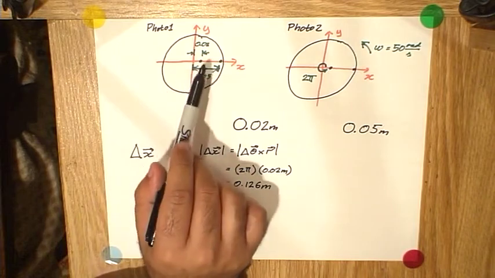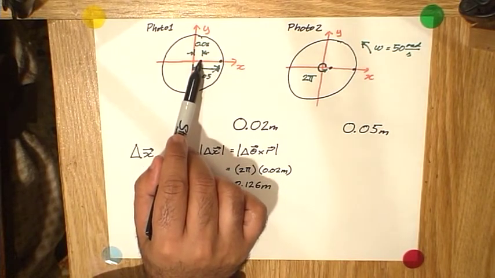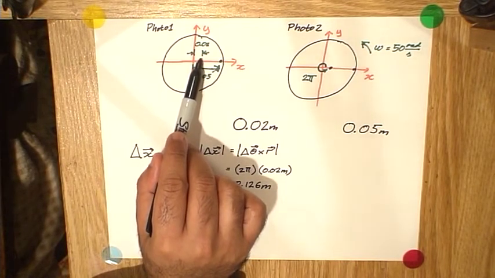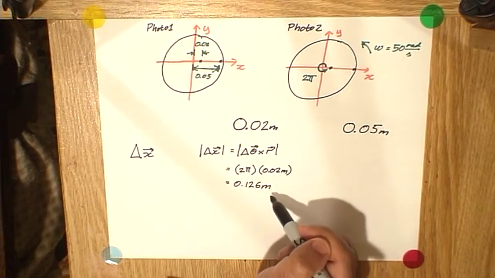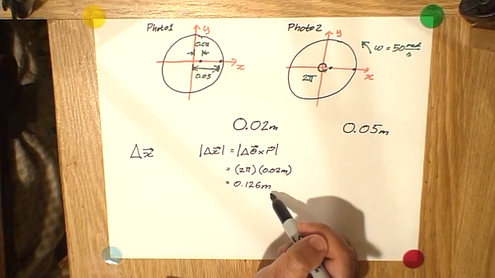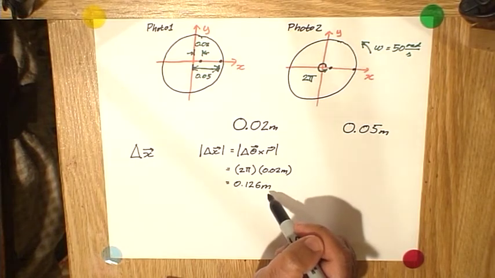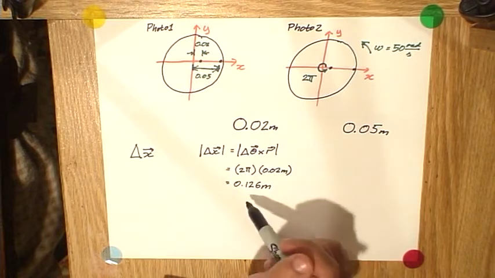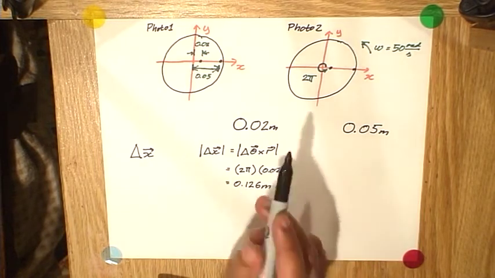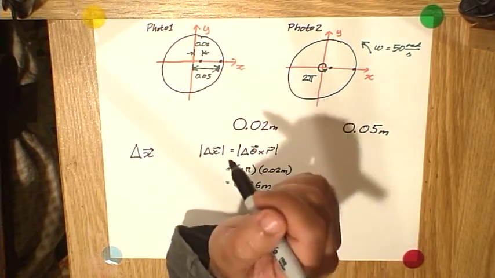So that means that as the inner marker traveled through a circle, it traveled 0.126 meters. So it traveled through 2 pi radians, which for this inner circle is 0.126 meters. That is the total distance that it traveled through.